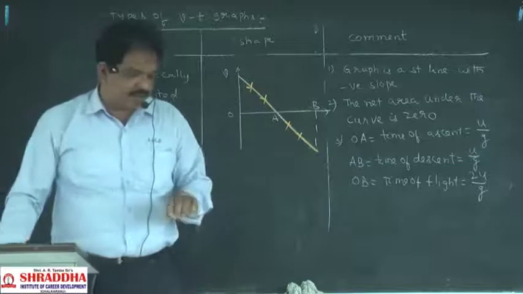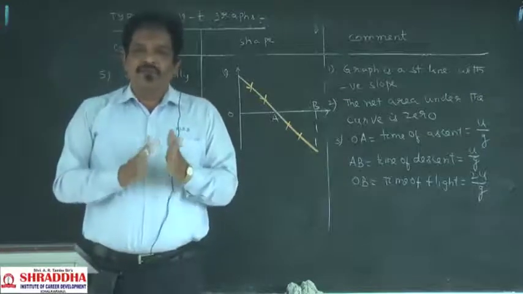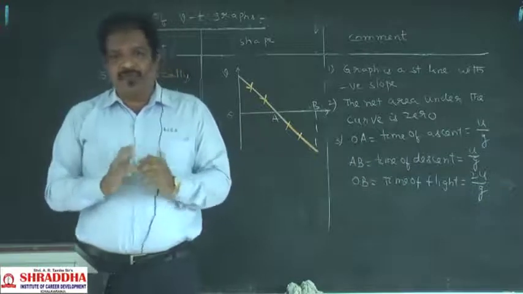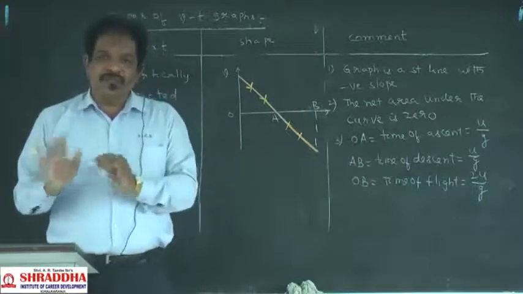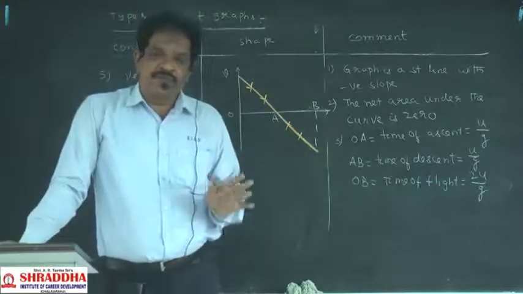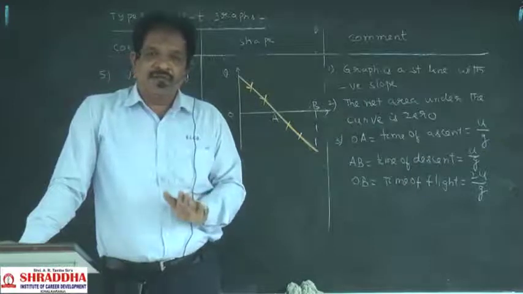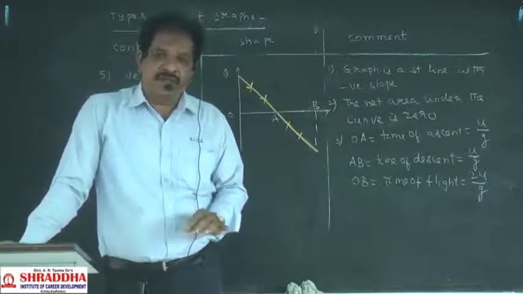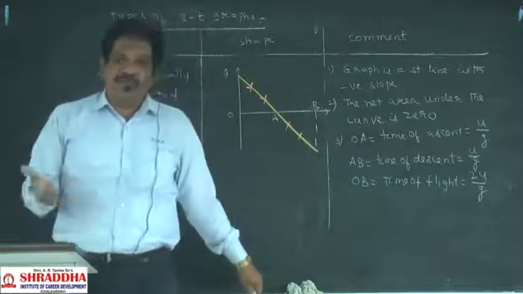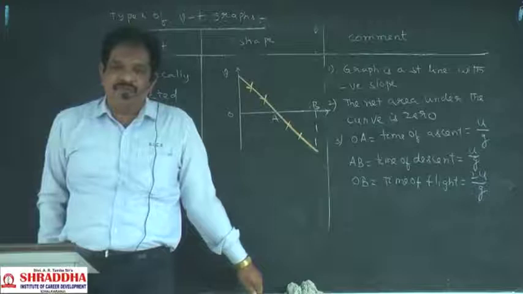So what we are discussing up to now, try to understand. Displacement time graph, velocity time graph. What are the uses of displacement time graph? What are the uses of velocity time graph? For different situations, what is the shape of the graph?